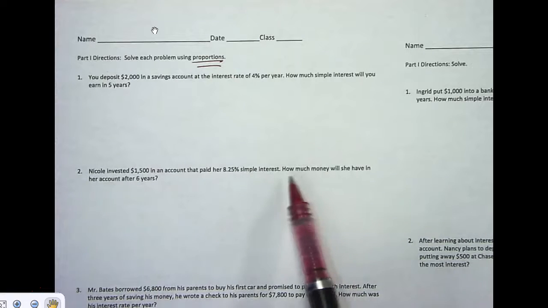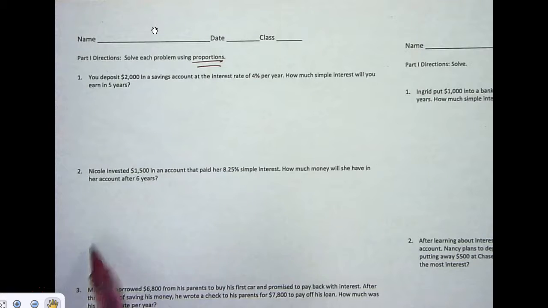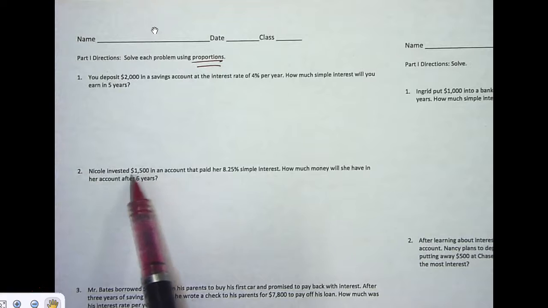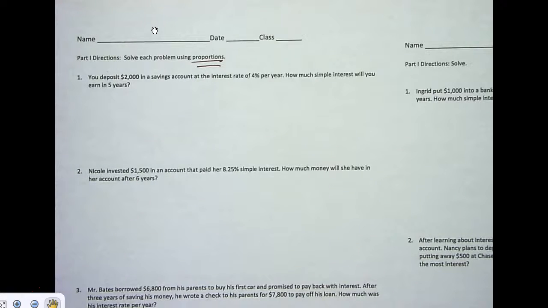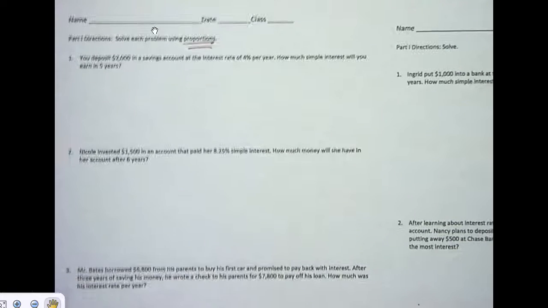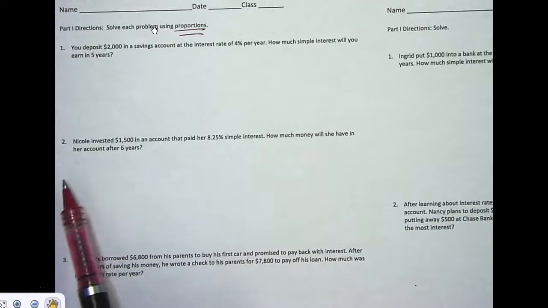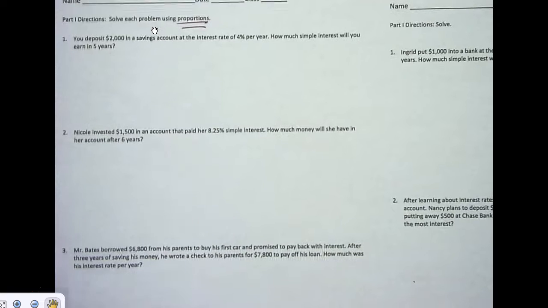Down here in the second one, how much money will she have in her account after 6 years? That's a little bit of a different problem because she's going to have the $1,500 in her account, and she's also going to have the interest that she earned in her account. So you'll have one more step on a problem like this. So you need to make sure that you're reading the question and answering the question that it asks you.